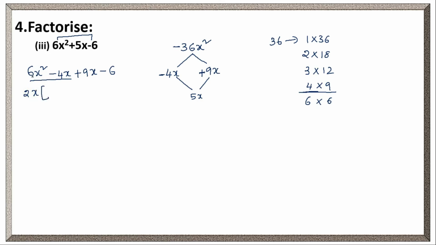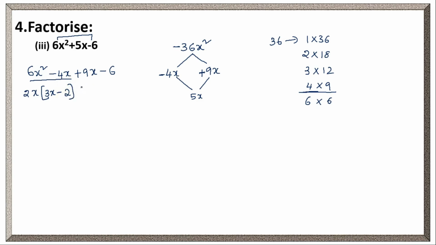What remains in the first term? 2 and 3 are the factors of 6, right? So 2 I have taken, 3 remains. So in x square, 1 x I have taken, one more x will remain, right? So minus. Here already I have taken x, 2 I have taken, so one more 2 will remain.